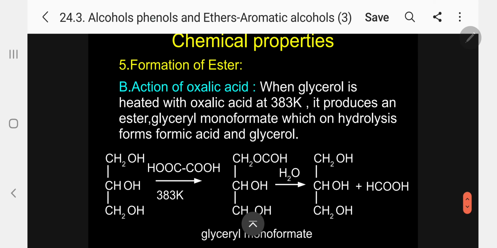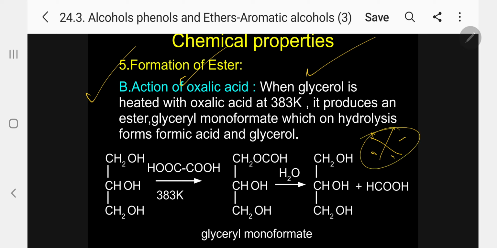Then formation of ester under action of oxalic acid, a dicarboxylic acid. Please follow, this is another important one because it is often asked, and different conditions produce different products.